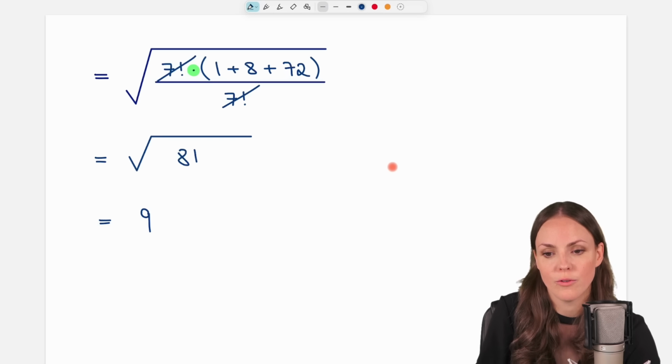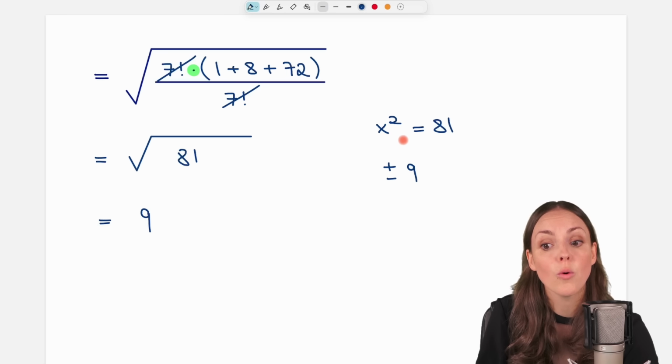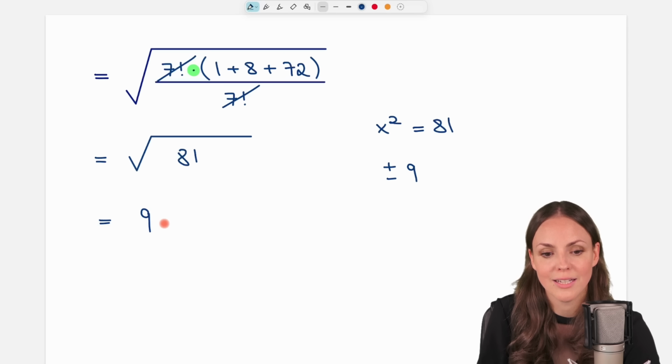What you are referring to with the plus and minus 9 is when you want to solve a quadratic equation like x squared is equal to 81. For this equation, you get 2 solutions. That is correct. But here, we just want to calculate a square root, and then we only get 1 positive result.